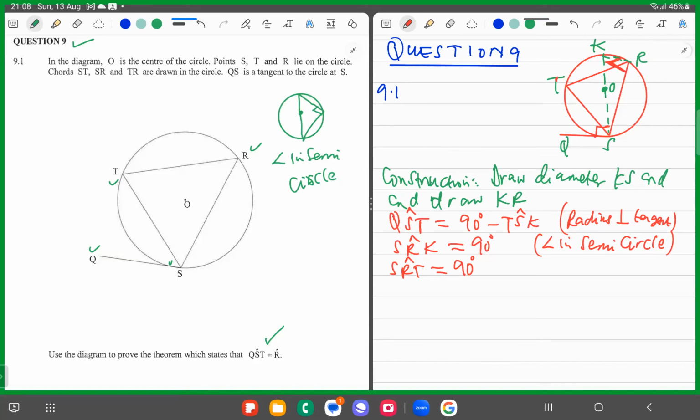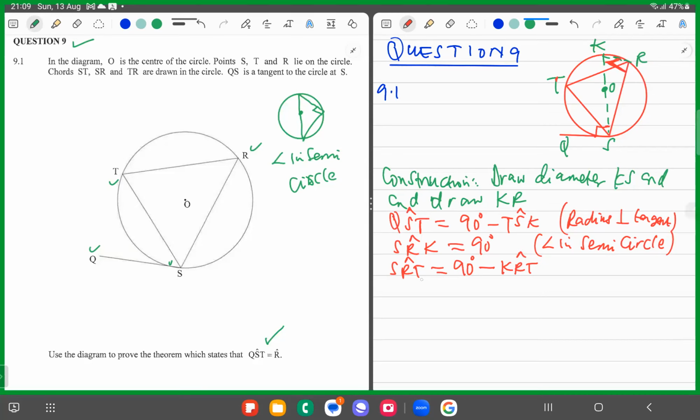Now, SRK is 90 degrees, which means SRT is 90 degrees minus KRT. Observe this statement I'm making here.